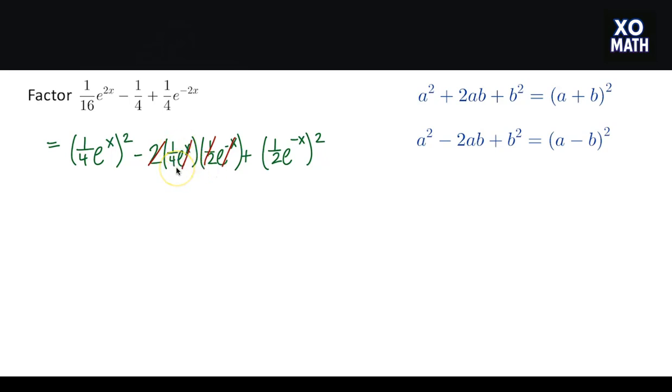So I do have left just a negative 1/4 right there. So this is all negative 1/4. And so this is a perfect square trinomial that will factor to 1/4 e to the x minus 1/2 e to the negative x, all squared.